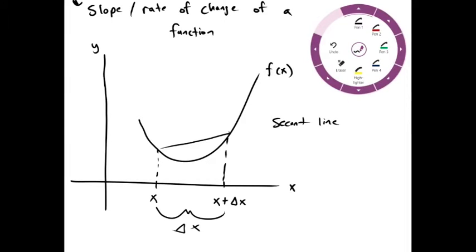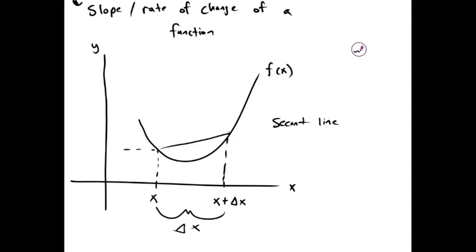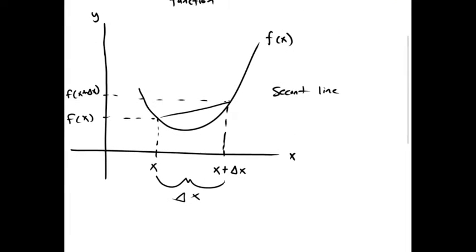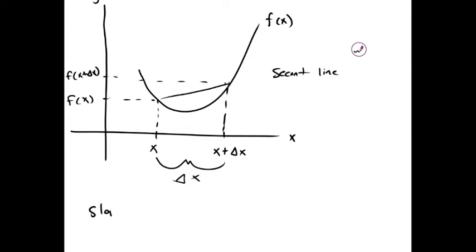It's pretty easy. This is f of x, and this is f of x plus delta x. So the slope of this line from x to x plus delta x equals the change in f over the change in x.